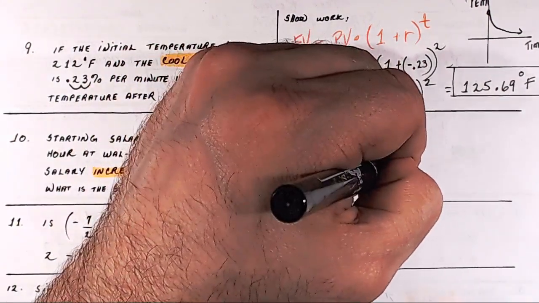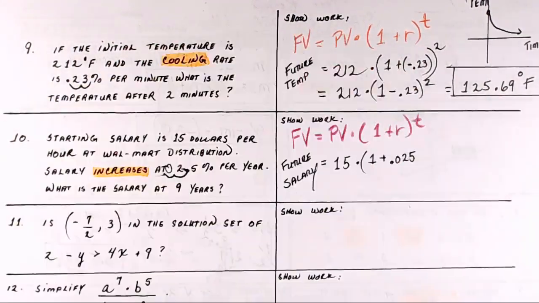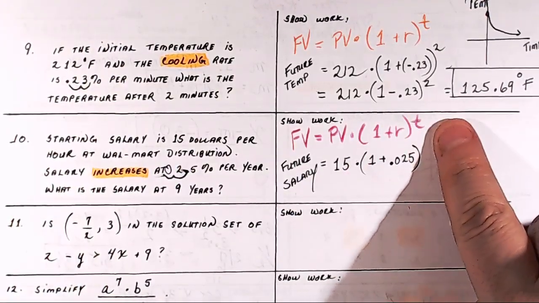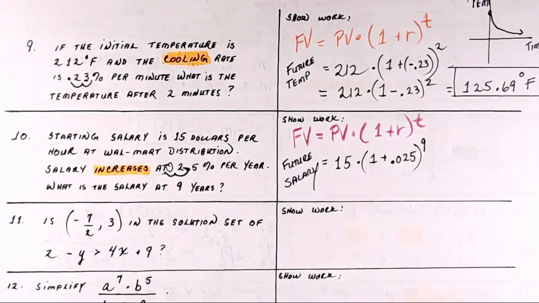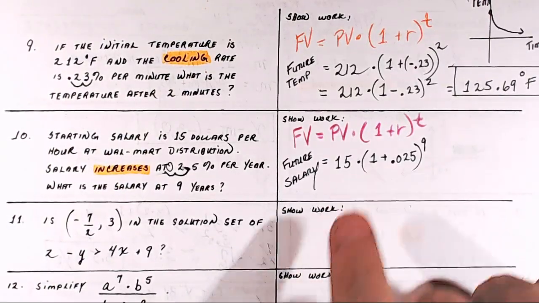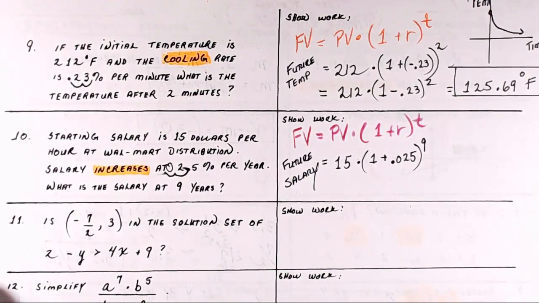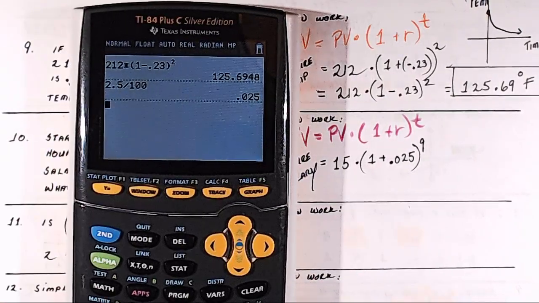So 0.025, close parentheses, and then time. How long is the time? 9 years. So we put a 9 up here, and we're just going to compute that. 15 times, open parentheses, 1 plus 0.025, close parentheses, caret.